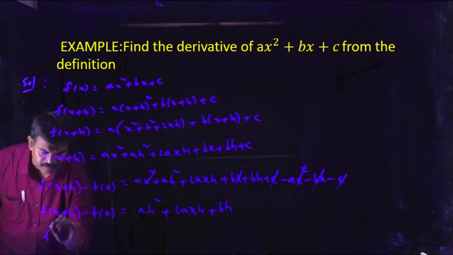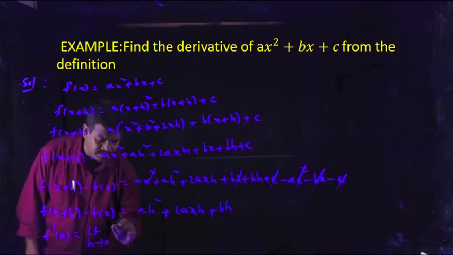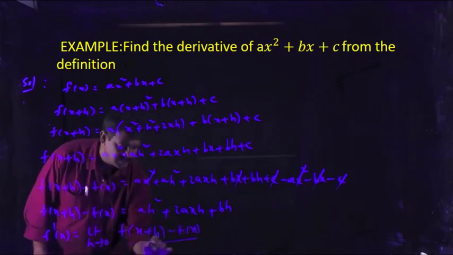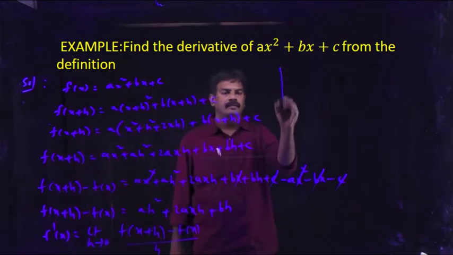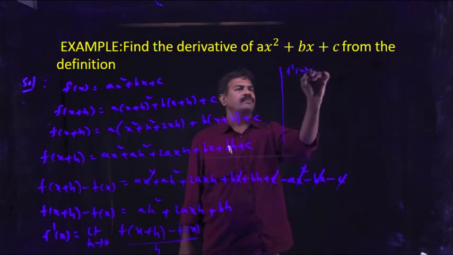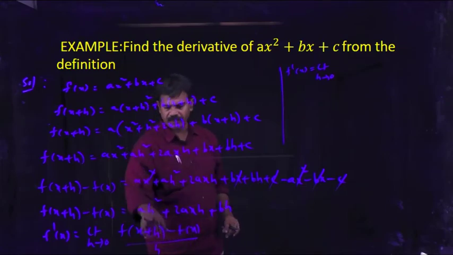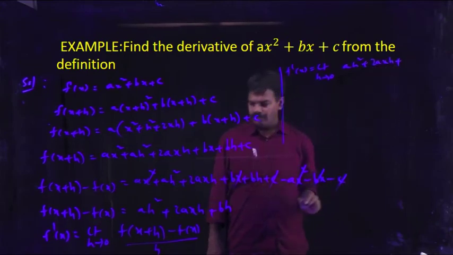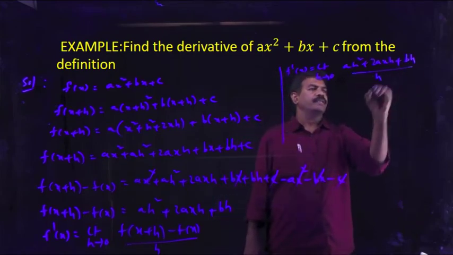We know from the definition of the derivative that f'(x) is equal to the limit as h tends to 0 of [f(x + h) minus f(x)] by h. We know the value of f(x + h) minus f(x) is ah² + 2axh + bh, divided by h.